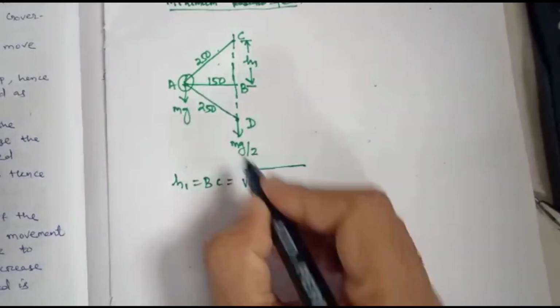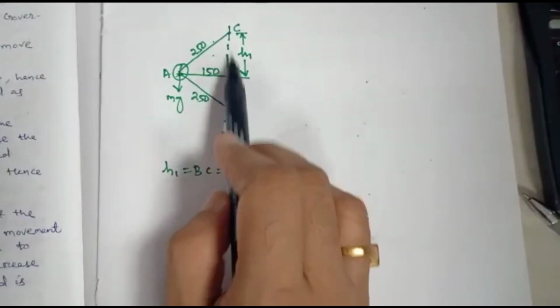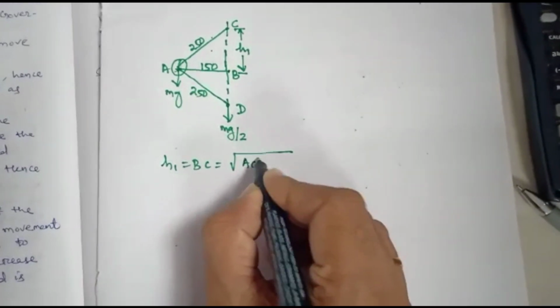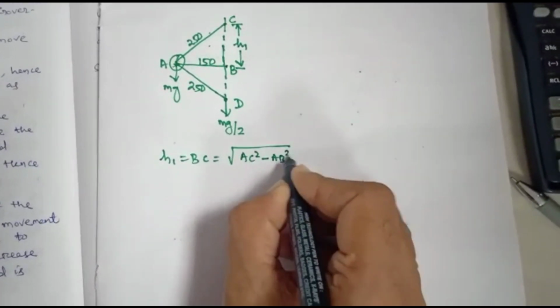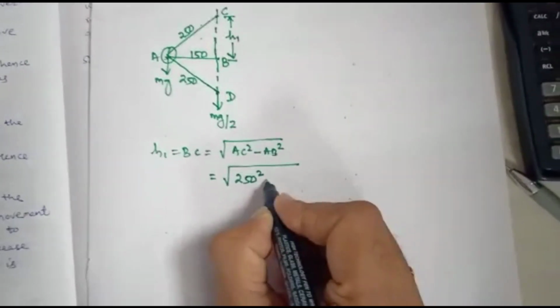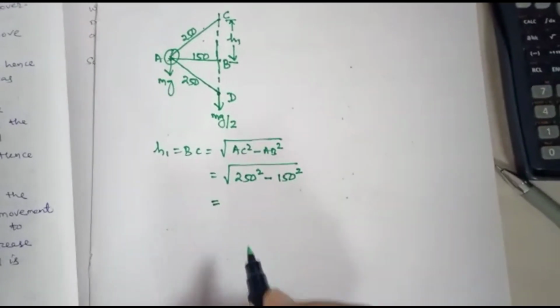What is BC? Root over of AC square minus AB square. In this right angle triangle, this is hypotenuse, AC square minus base AB square. So AC is given 250 mm and this is 150 square.